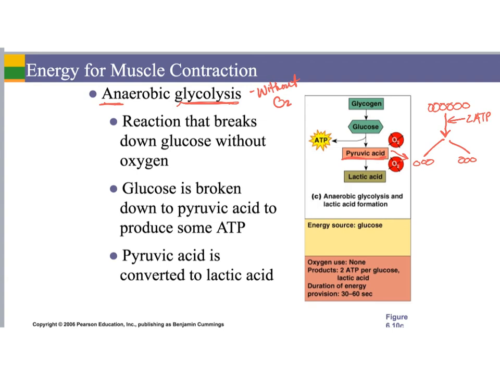Instead of breaking down these 2 pyruvic acid molecules into 2 2-carbon acetyl-CoAs, we're going to convert this to lactic acid. So lactic acid is just an intermediate organic molecule that most animals, like us, use in anaerobic respiration.